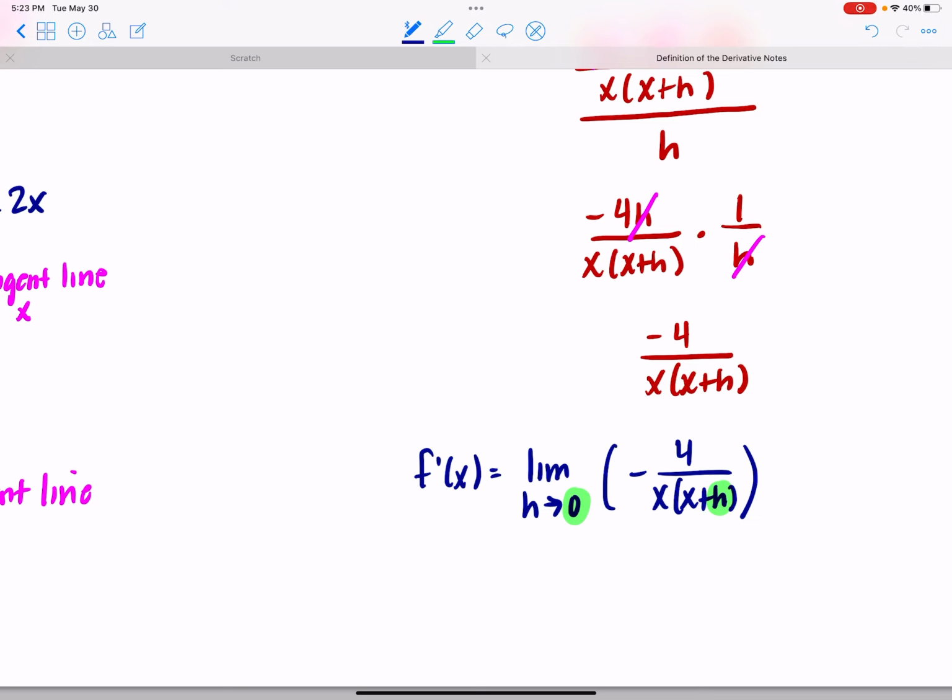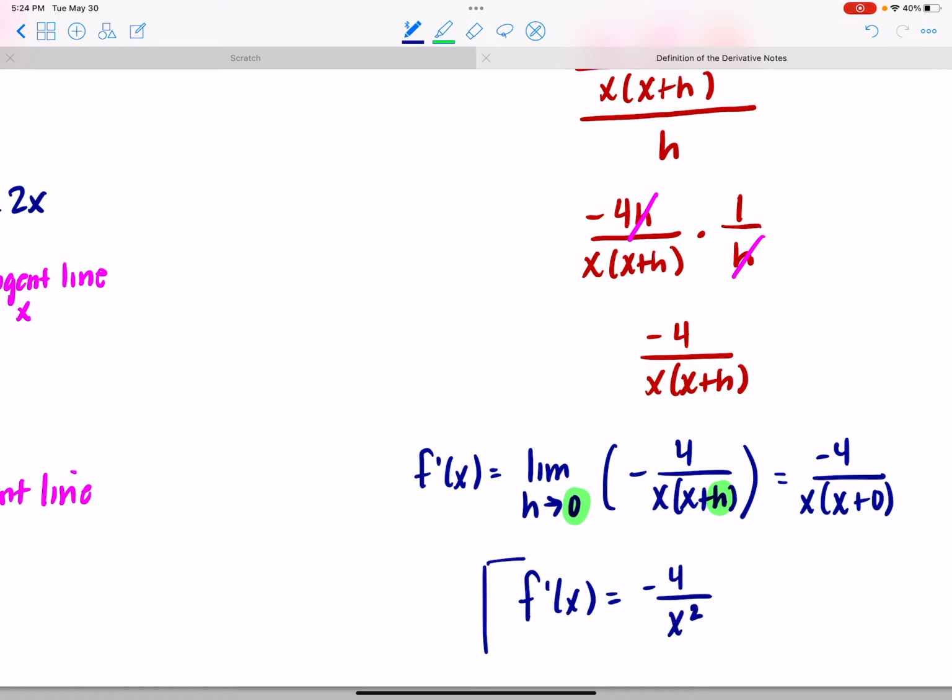So when I input my 0, then I have negative 4, and notice I'm moving that negative around. It doesn't really matter where the negative is as long as you have it in there somewhere to make the fraction negative. It's going to be x, and then x plus 0. So we end up finally with our derivative being equal to negative 4 over x squared.